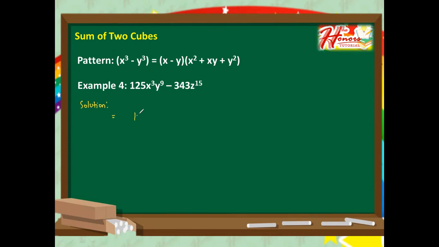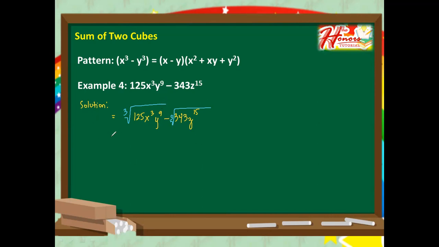So that is 125x cubed y raised to 9 minus 343z raised to 15. And then since we are talking about the difference of two cubes, we have to get the cube root of 125x cubed y raised to 9 and the cube root of 343z raised to 15.